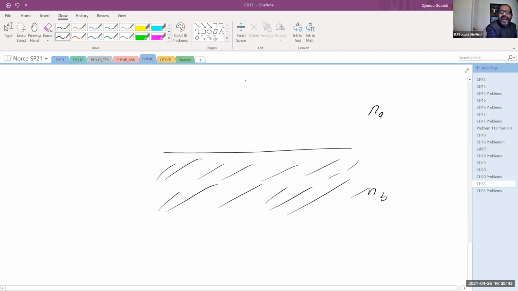Then in this case, again, I'm going to define the normal in here, and this is the incidence again, theta A. Well, theta B is given this way. So again, this is the incident, and this is refracted.